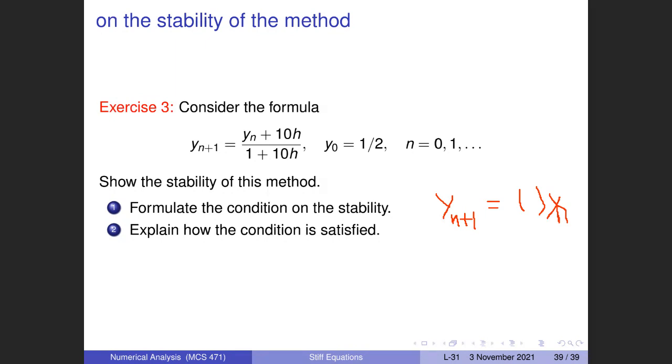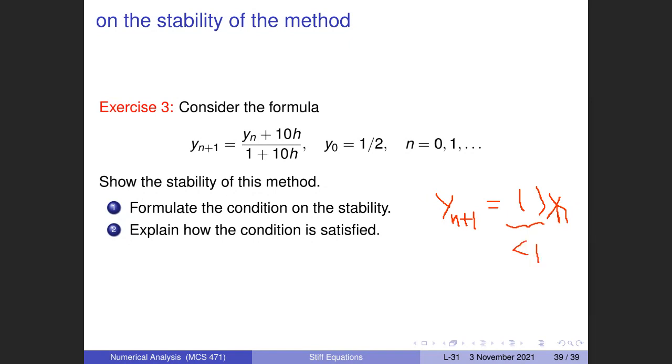You can kind of see already what it is. You have the factor 1 over 1 plus 10h that comes in here. So essentially you have to factor it out to present this in a factored form. And the condition of stability is that whatever comes here is less than 1.